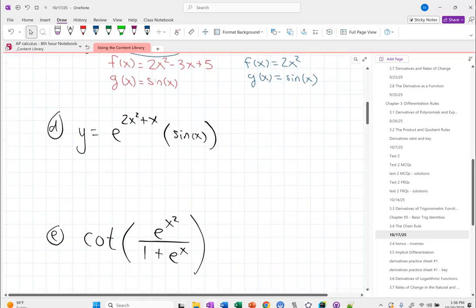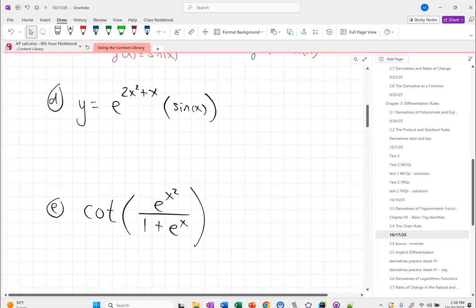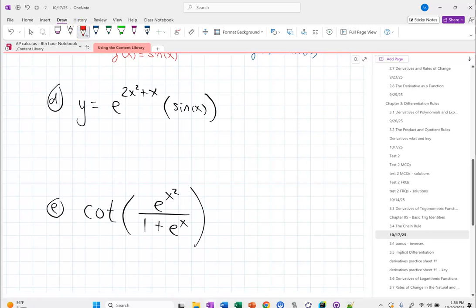Let's look at a couple more examples, and then we'll get into the calculus part, okay? If we look at this one, do you see a composition here? Where is the composition? Just with this, right?